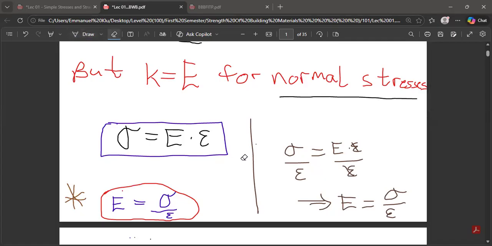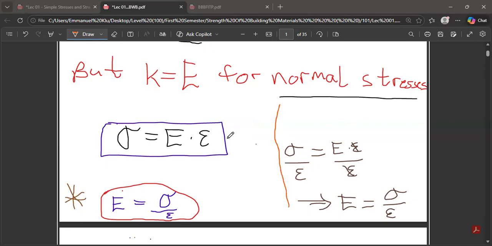Let me quickly relate. So this becomes our equation 1. And you see that this is our equation. If you put your main focus on equation 2, it will help you better.